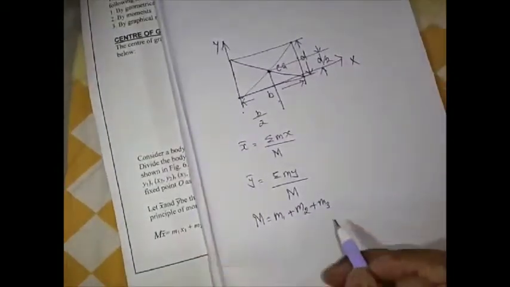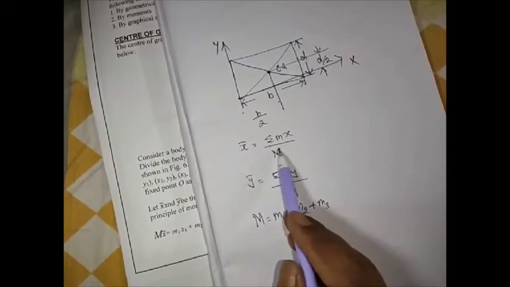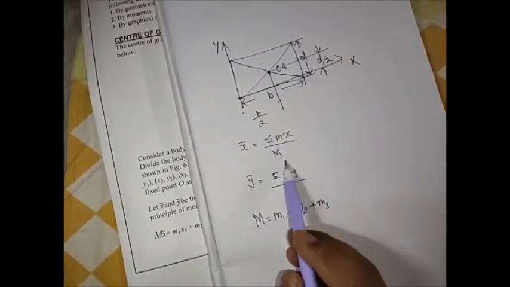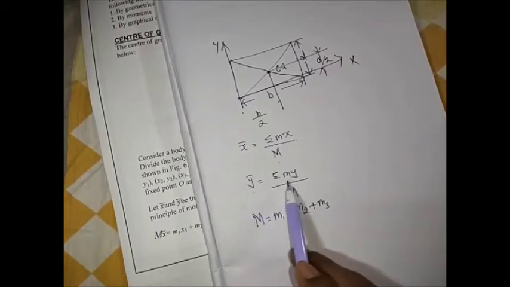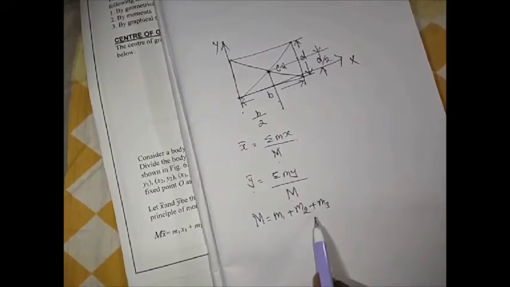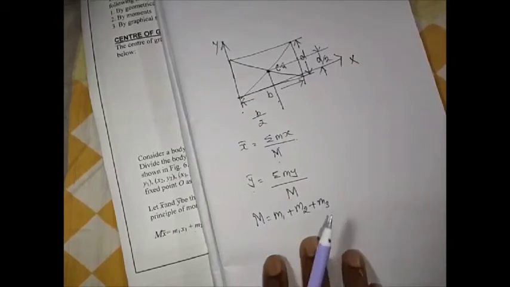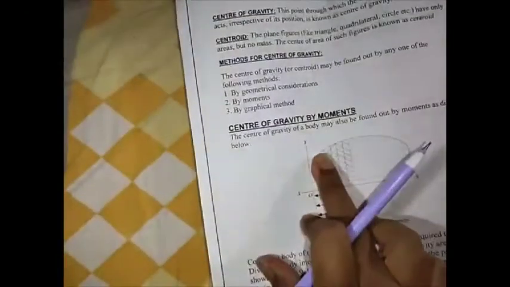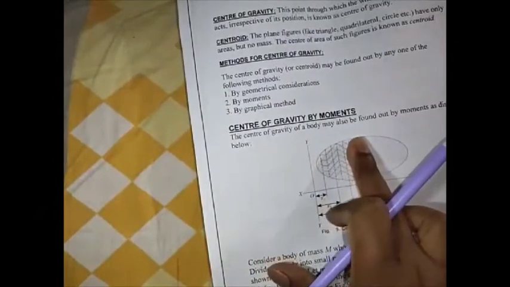So here you can see x bar equals summation of mx by M, and y bar equals summation of my divided by M, where M is m1 plus m2 plus m3. So this is finding the center of gravity by moments.